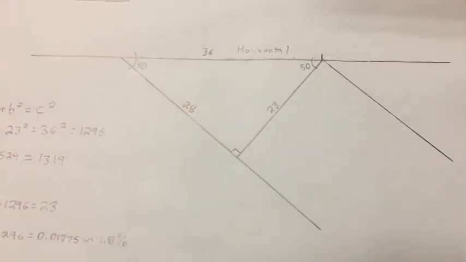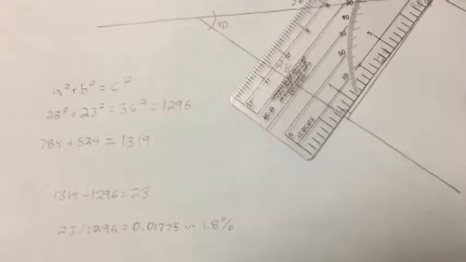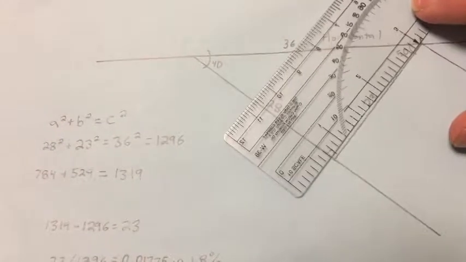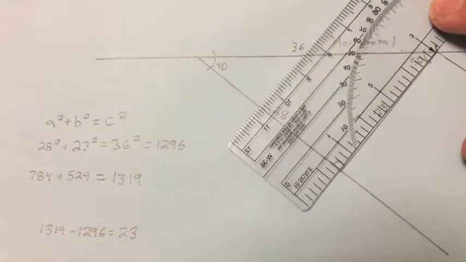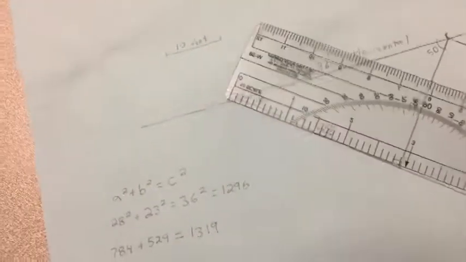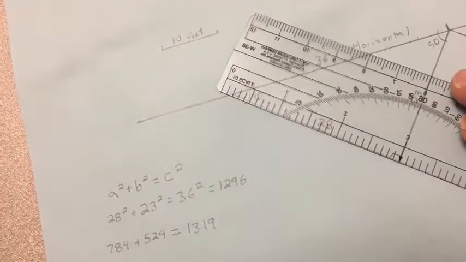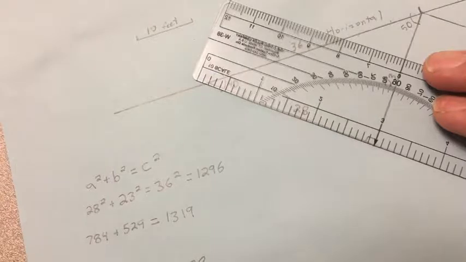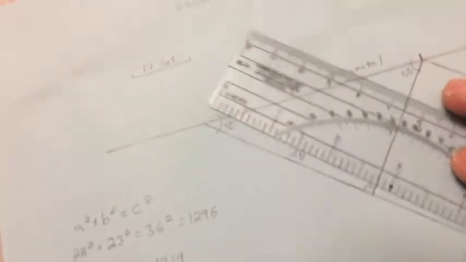Alright. But this angle over here is 50. So I directly measured that. Now, I didn't need that angle. I just showed you to show that if you add those three angles up, 90, 50, and 40, you're going to get the 180 degrees.